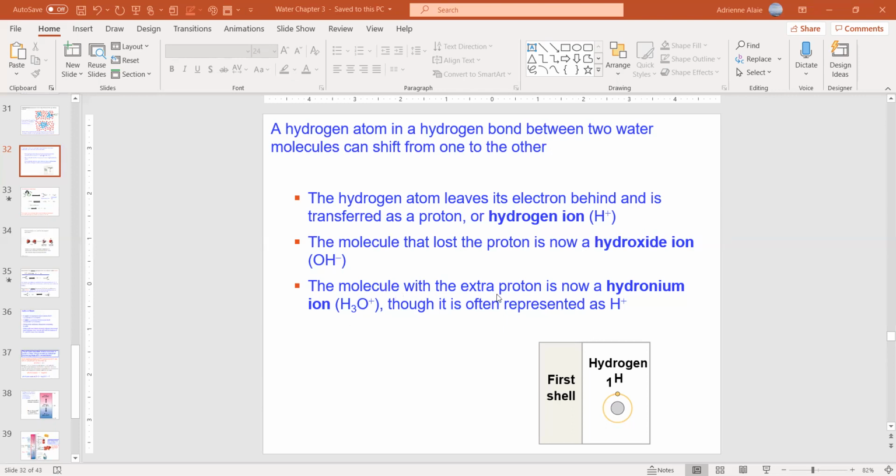The molecule that picks up the proton is a hydronium ion. So the molecule that lost the proton is now an OH minus because it kept the electron and lost the proton. And the molecule that picked up that extra positive charge in the form of a proton is an H3O plus, though it's often represented this way. Let me show you.